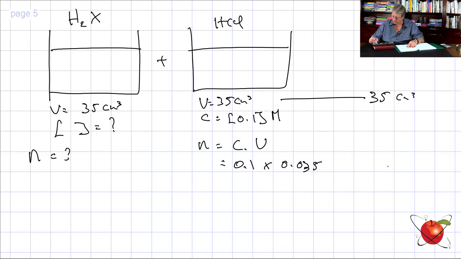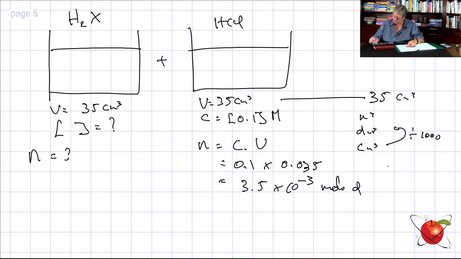We want to go meters cubed, decimeters cubed, centimeters cubed. We want to go up 1. Up means divide, cube means divide by 1,000. Therefore, the number of moles is 3.5 times 10 to the minus 3 moles of H3O.